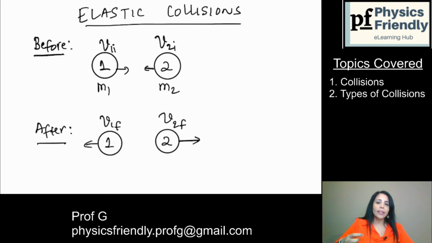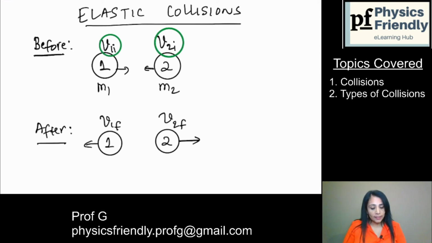That's what we are trying to depict in the following figure, where I have object 1 of mass m1 moving with initial velocity v1i, and then I have object 2 moving with an initial velocity v2i. So they approach each other, as in this case when we have that arrow there, and then after collision they move back in the opposite direction, hence the arrows here.